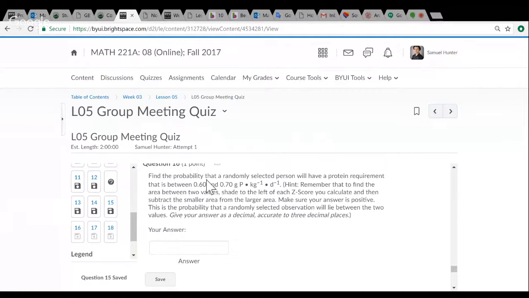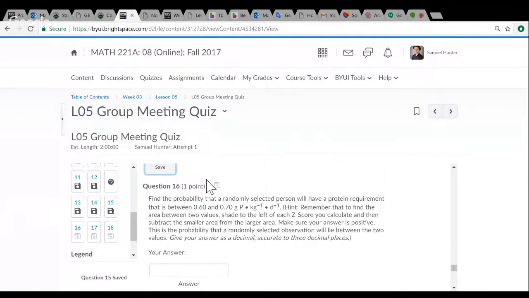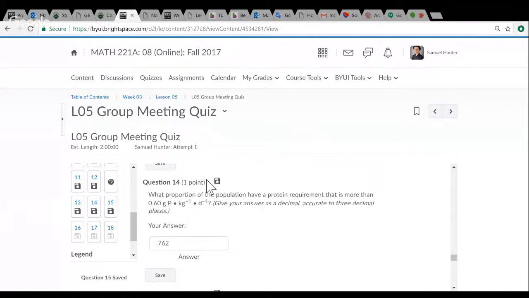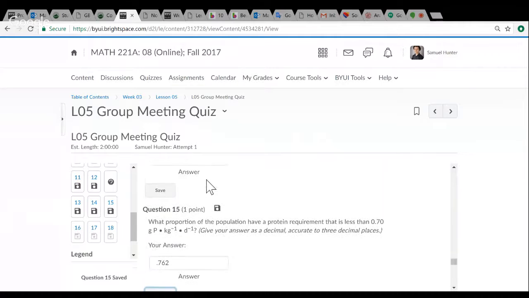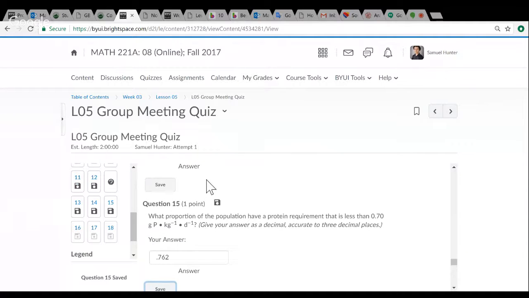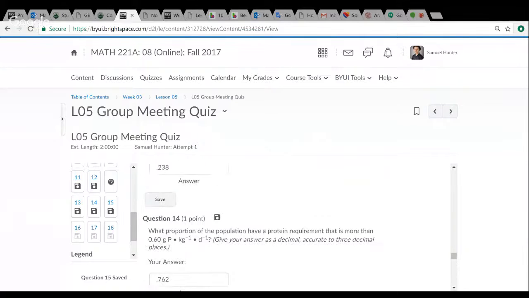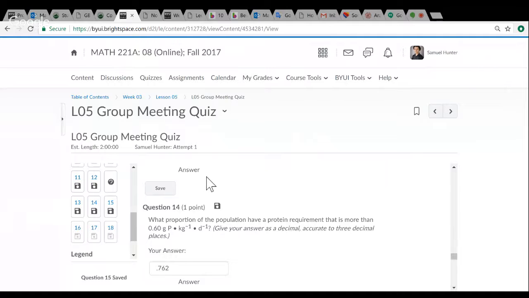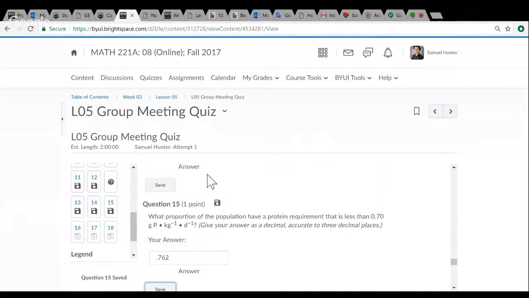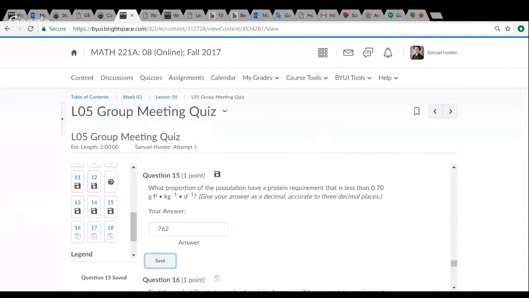I'm lost. So what you're doing is taking the answer from 15, because that's 70, and then minusing the answer from 13, which is the 60 grams. If you just take those numbers, it will come out to 0.524.